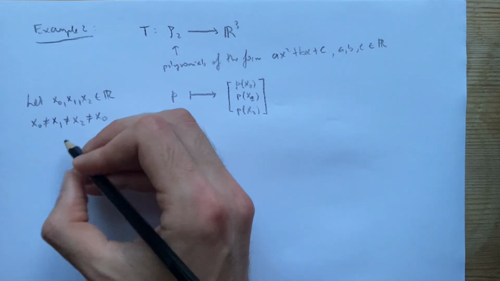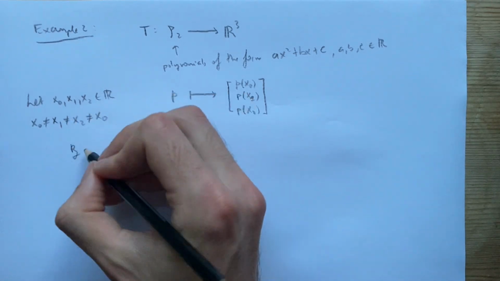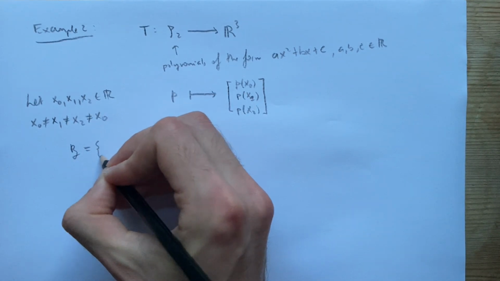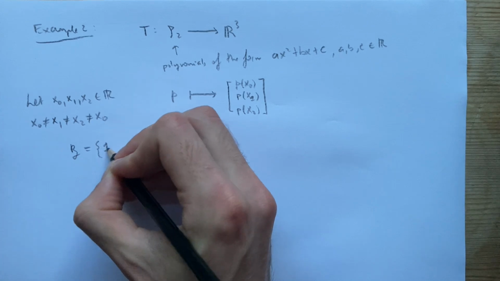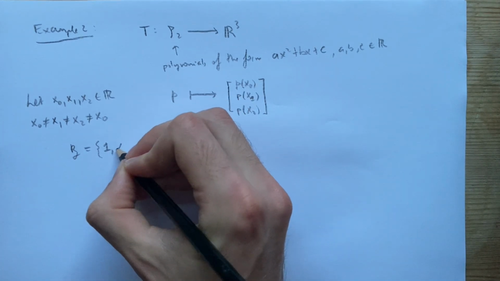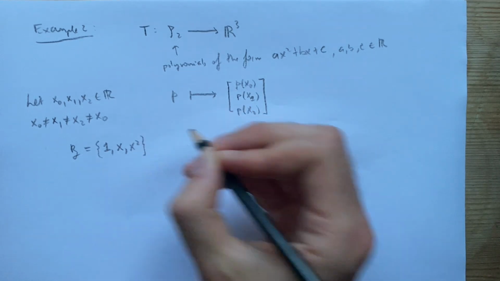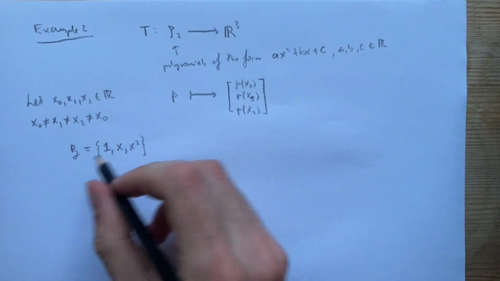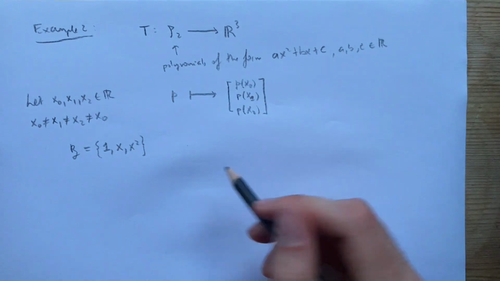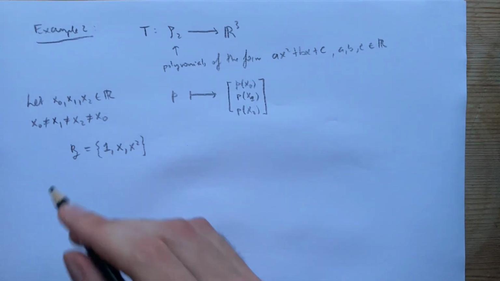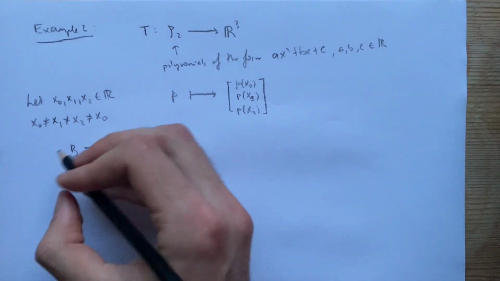Now, the canonical basis for the space of polynomials is made of these 3 polynomials: the constant polynomial 1, the polynomial x, and the polynomial x squared. You can express any polynomial in P2 as a linear combination of these 3 polynomials.